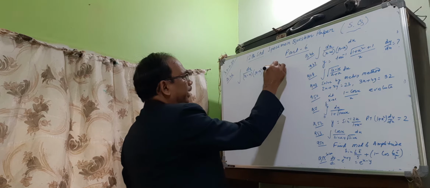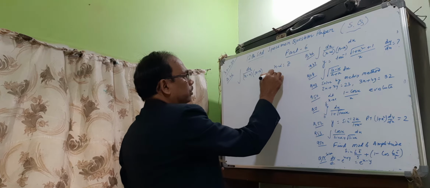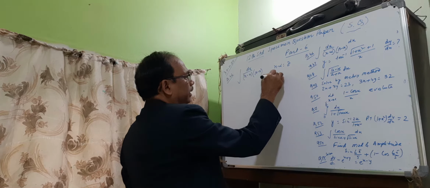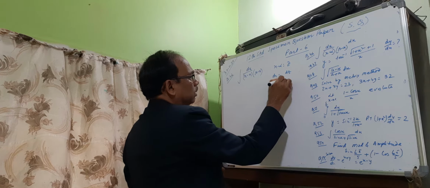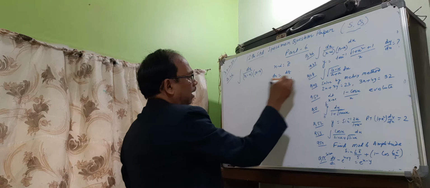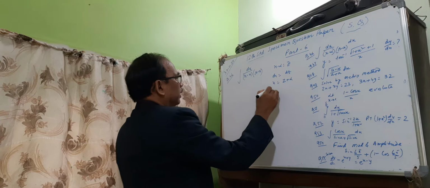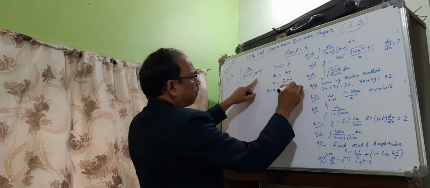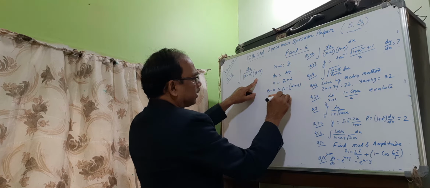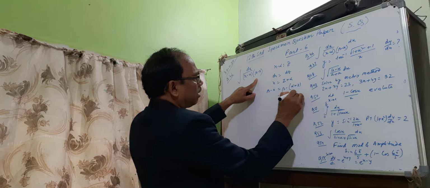Let x minus alpha equals z, then dx equals dz, then x equals z plus alpha, then beta minus x equals beta minus alpha minus z.